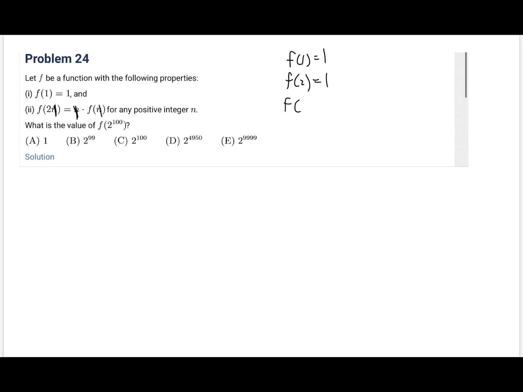f of 2 squared, n is 2, so it's 2 times f of 2, so it's 2. f of 2 cubed is 4 times f of 2 squared, so this will be 4 times 2, which is 2 to the third power. f of 2 to the fourth power is 2 to the third power multiplied by f of 2 cubed, this is 2 to the third power, so this is 2 to the sixth power.